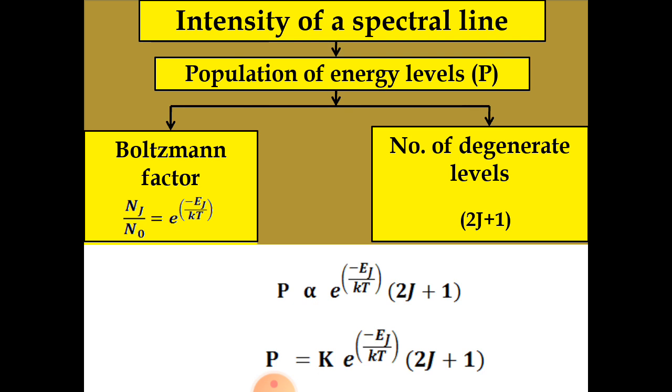Therefore, the total relative population P is directly proportional to e power minus Ej by kT into 2J plus 1. Here P is equal to k into e power minus Ej by kT into 2J plus 1, where k is the proportionality constant.